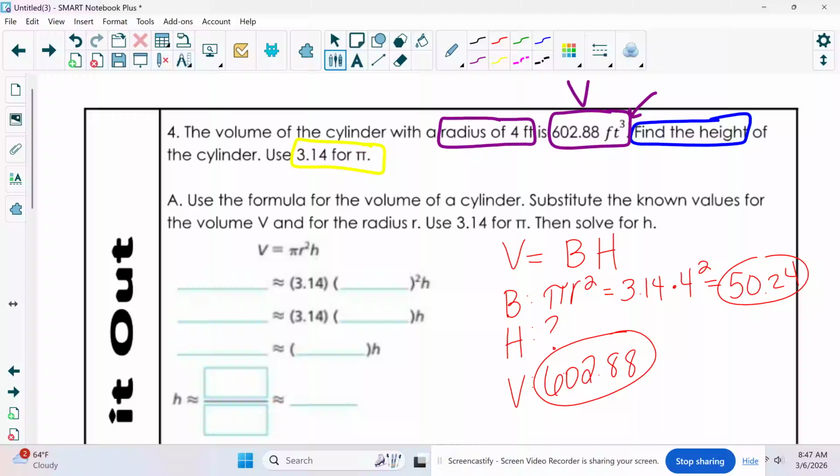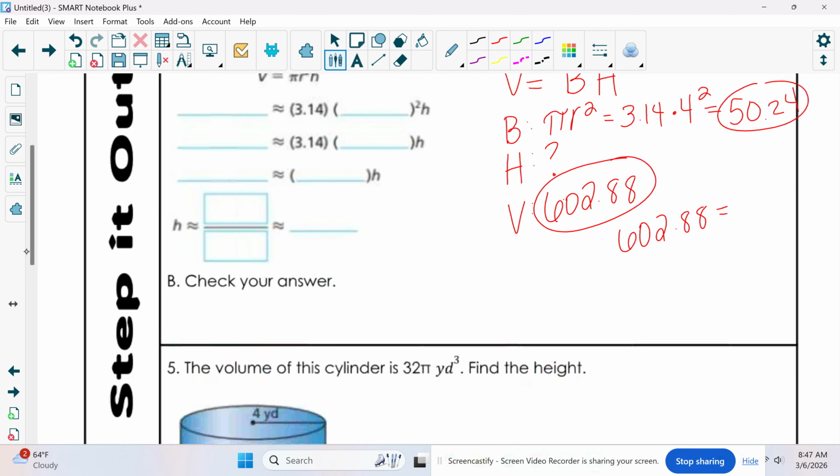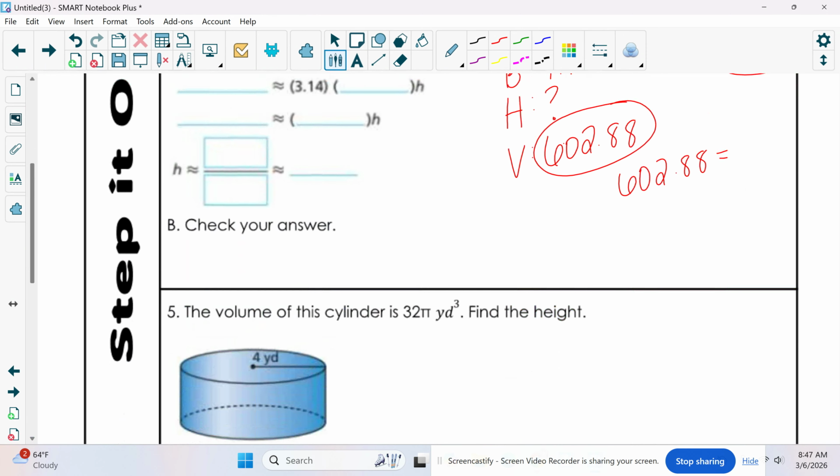We know that V is this, so we're going to replace V with 102.88 equals... I'm going to erase this so you can see it a little bit better. Alright, what was our B? 50.24, and we don't know our height.